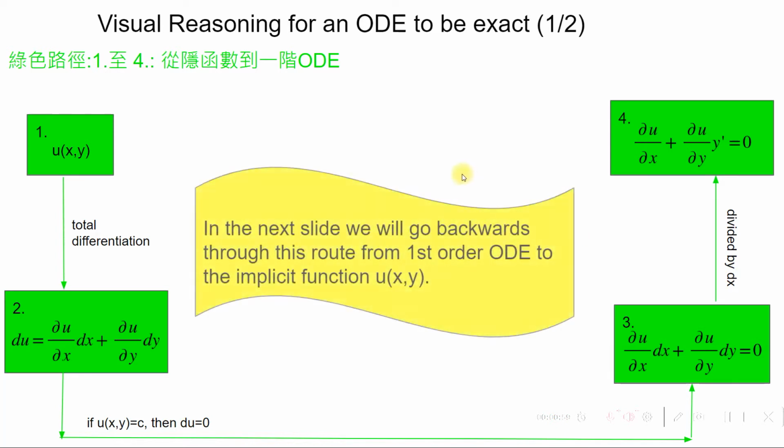So the idea is to go backwards through this route from the first order ODE to the implicit function u of x and y, which will lead to a very powerful solution method. We will illustrate that in the next slide.